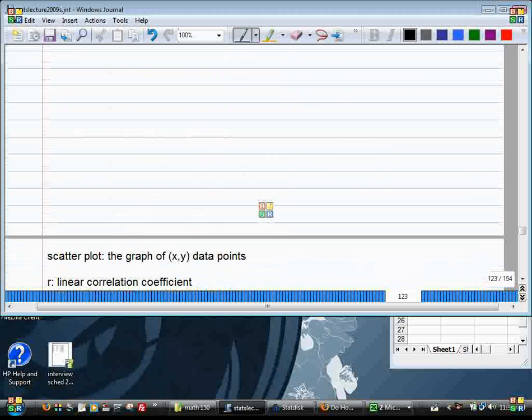Okay. So the number that measures the amount of correlation between x and y is called R. R is the linear correlation coefficient. So what the heck is R?